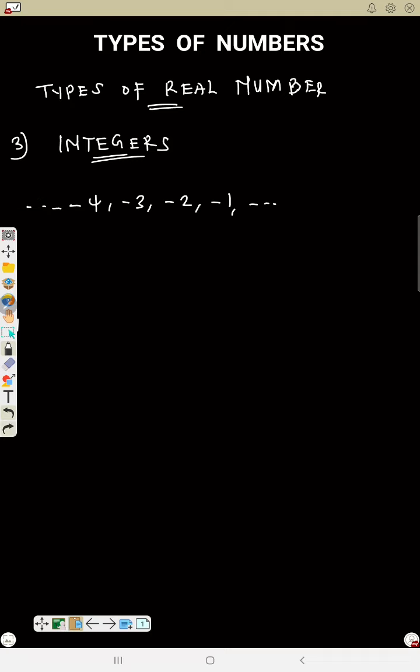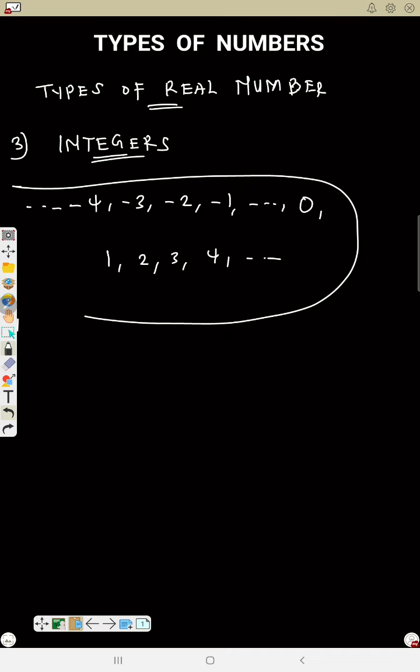So integers are all negative natural numbers, 0, and all positive natural numbers: 1, 2, 3, 4, and so on. All these are integers. Note, integers do not include decimals.